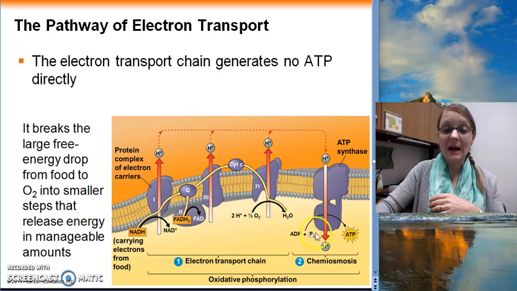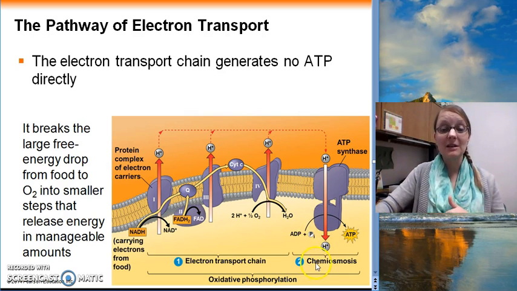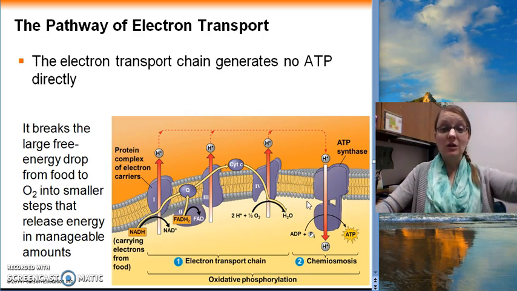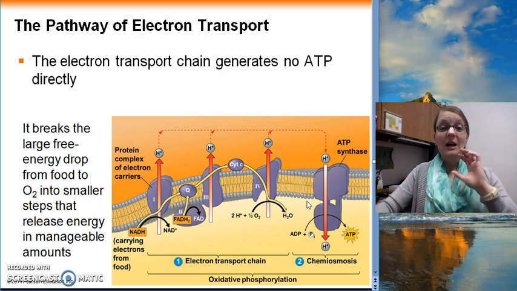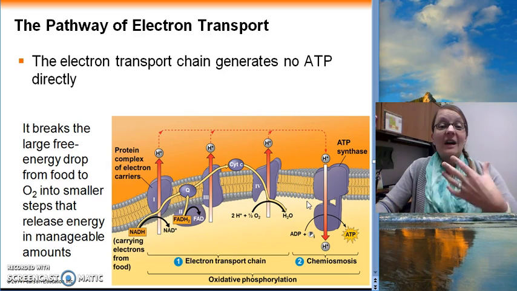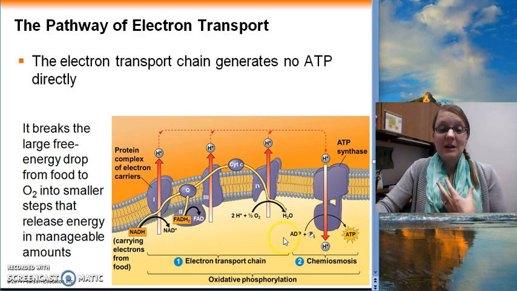But when they come back, the only place they can come back into the matrix is through the ATP synthase. And again, this is the enzyme using that flow of protons back into the matrix, allows it to have enough energy to take ADP and inorganic phosphates and link them back together to form molecules of ATP.